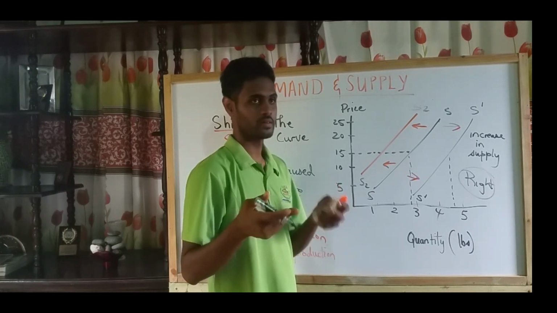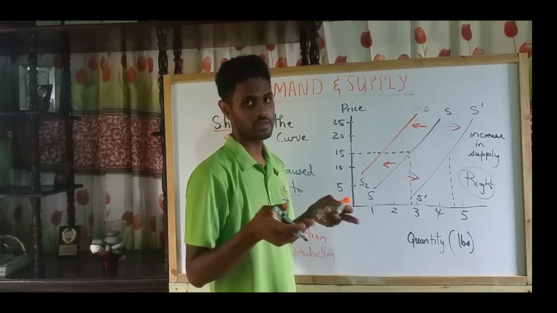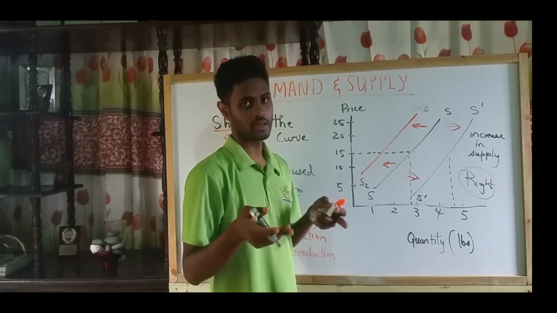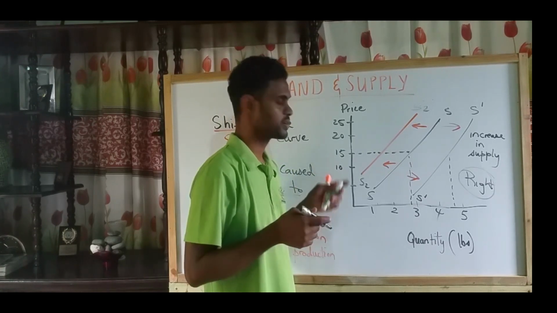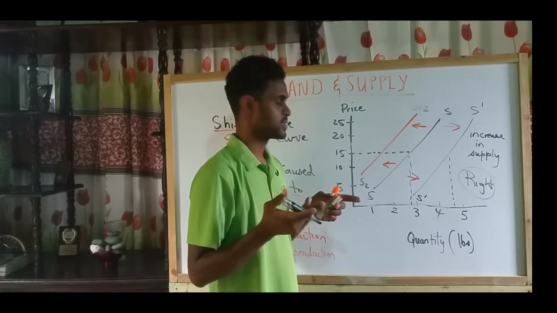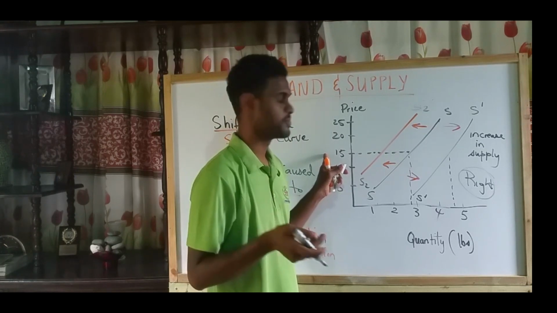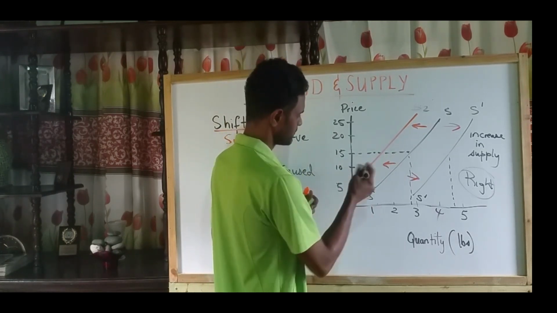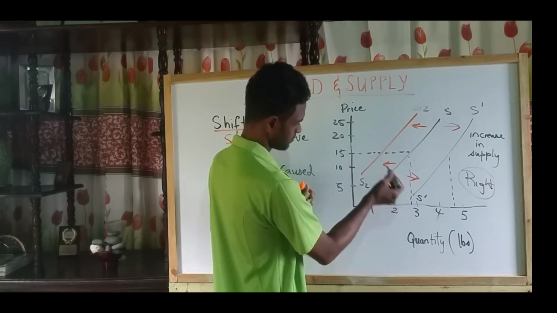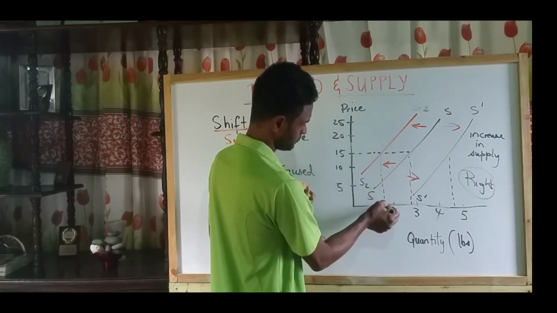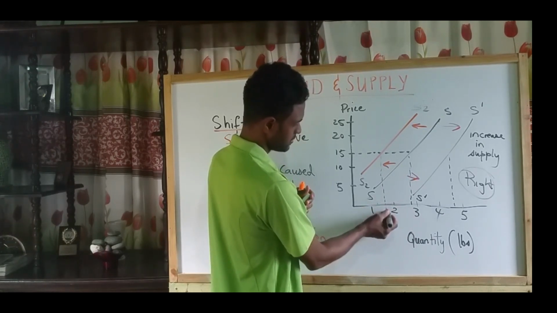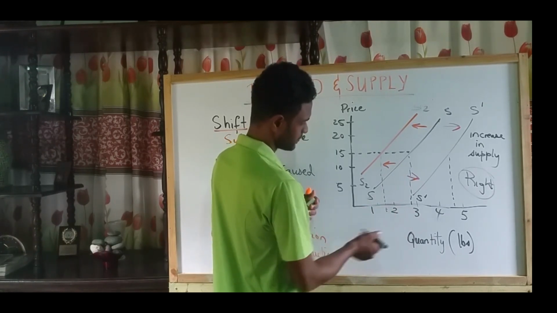So if there's an increase of tax, customs duty, on those seeds, what will happen? Cost of production will go up for the producers, those persons who have to buy them and plant them. At the same price, the amount that will be supplied, as you can see, moves to about 1.7 dozen.